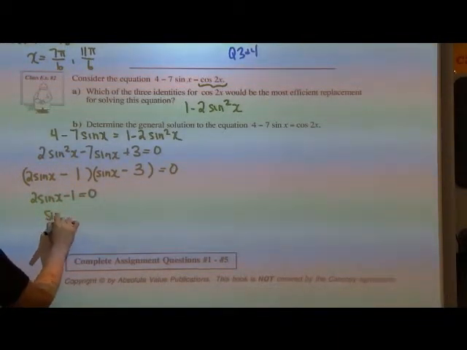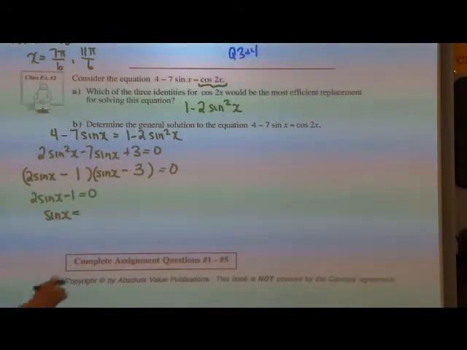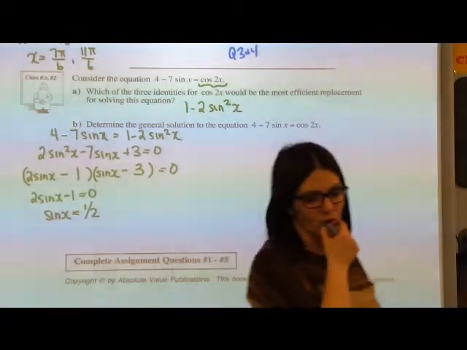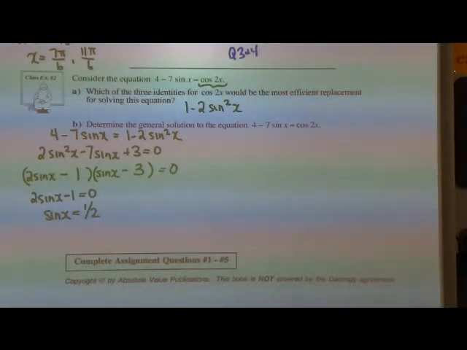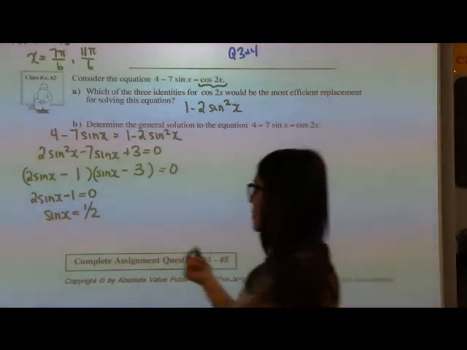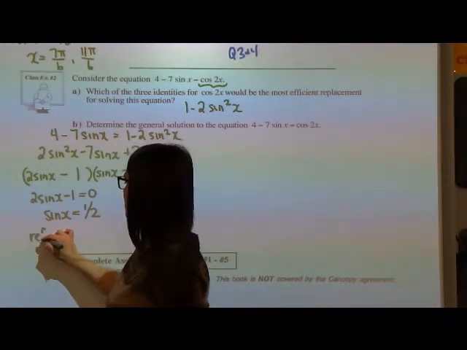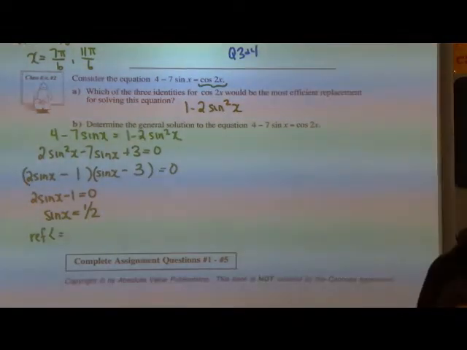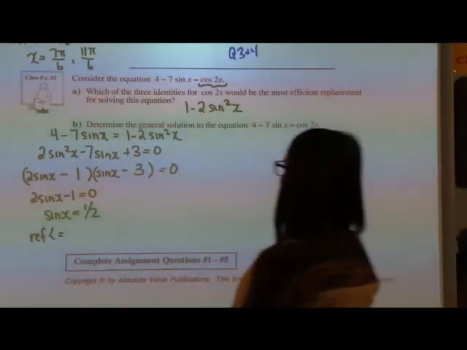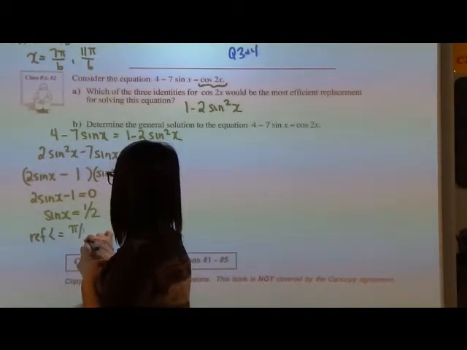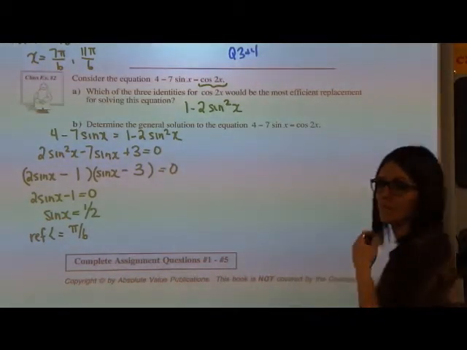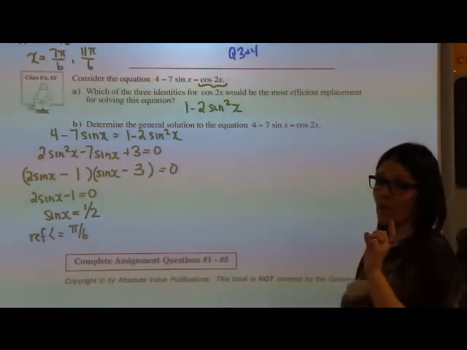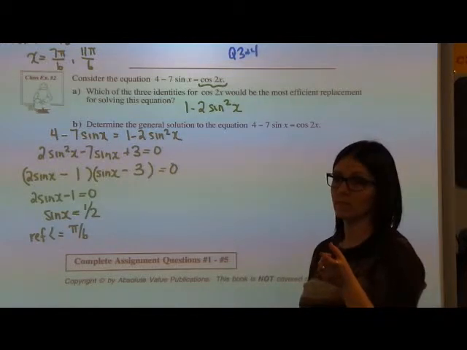So what would sin x equal? 1/2. Okay? And in order to solve this, I need my reference angle. So what's my reference angle for sin x equals 1/2? π/6. But this time, I want a general solution.